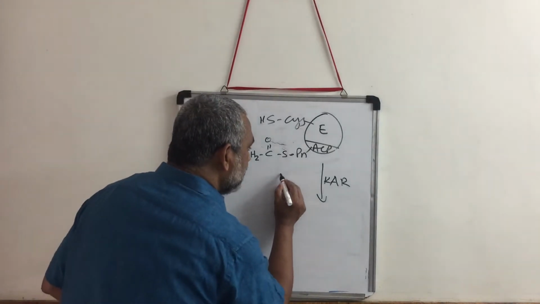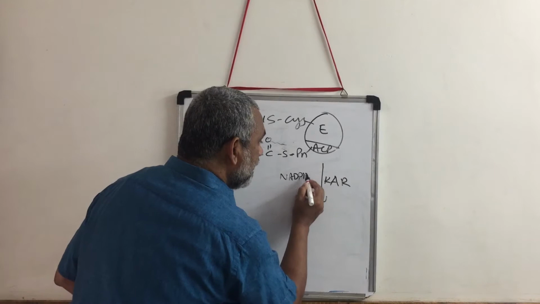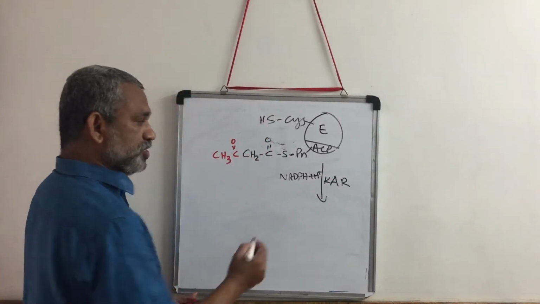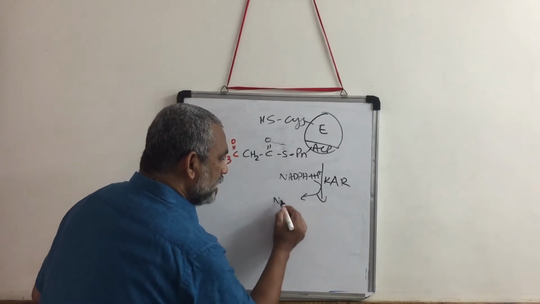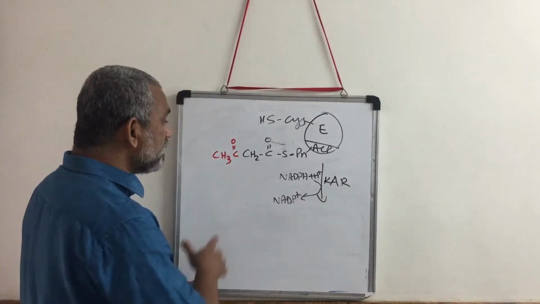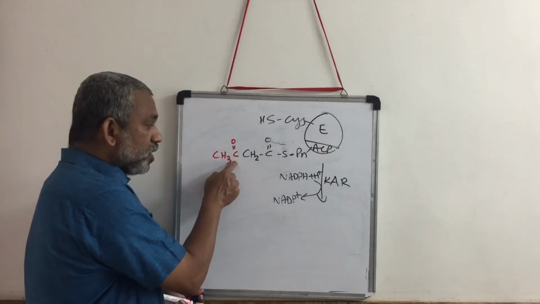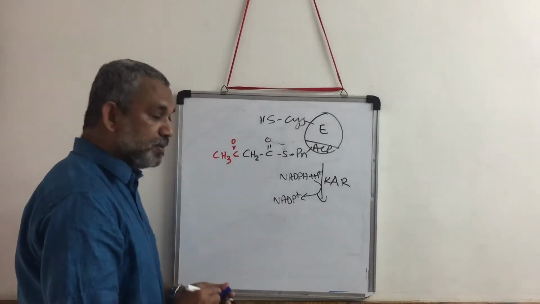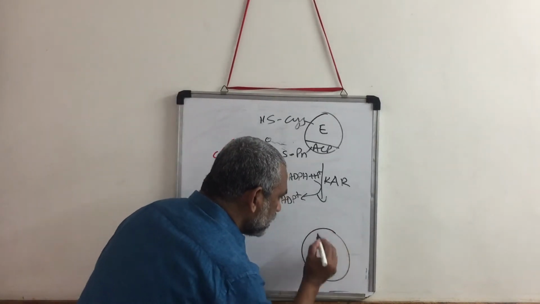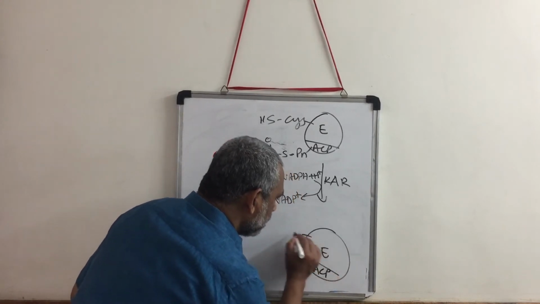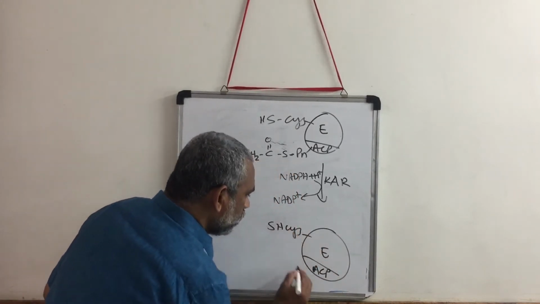So therefore you need NADPH plus H plus. That will add 2 hydrogens, and it gets oxidized to NADP plus. And the 2 hydrogens are going to be added across carbon number 3. When it adds across carbon number 3, this is how the product is going to be. So here it is.